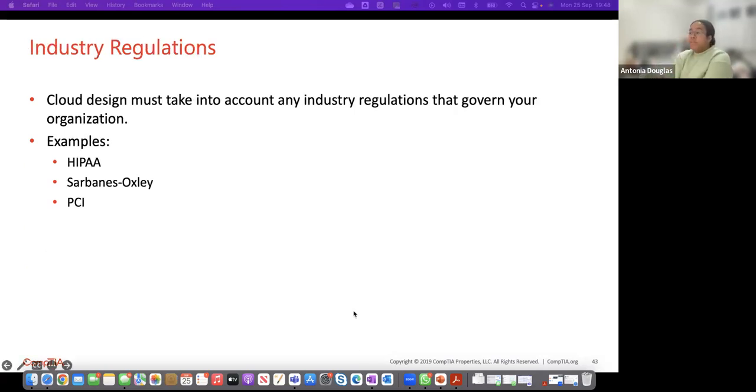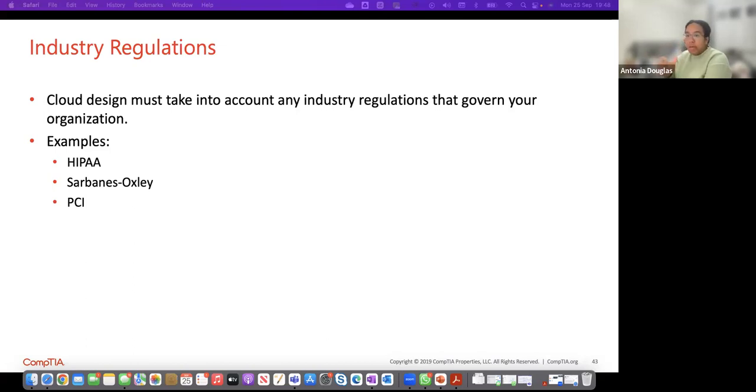Going back to our first initial conversation around health information, these are regulatory regulations. We covered these earlier. HIPAA, looking at your health information, Sarbanes-Oxley, looking at your security controls, and PCI, looking at your payment card information.